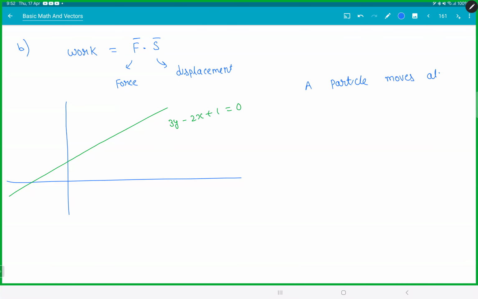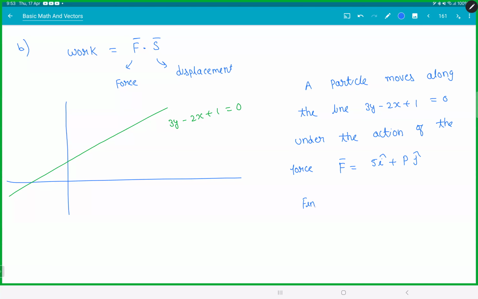A particle moves along the line 3y minus 2x plus 1 is equal to 0 under the action of the force F bar, which is equal to 5i plus p into j. P is some number. Find p if work done is 0.